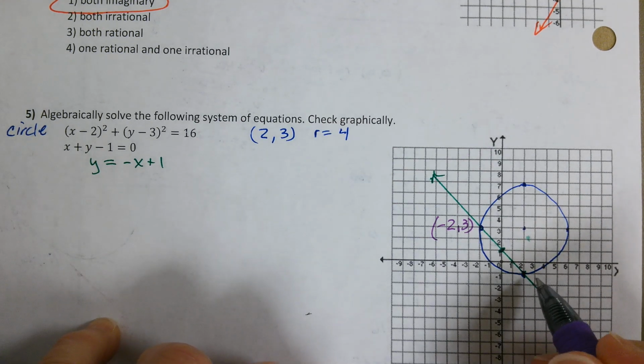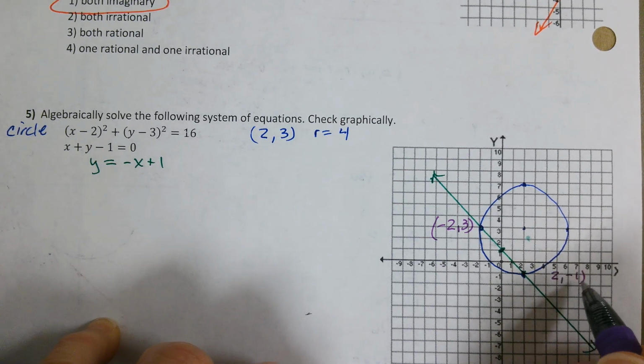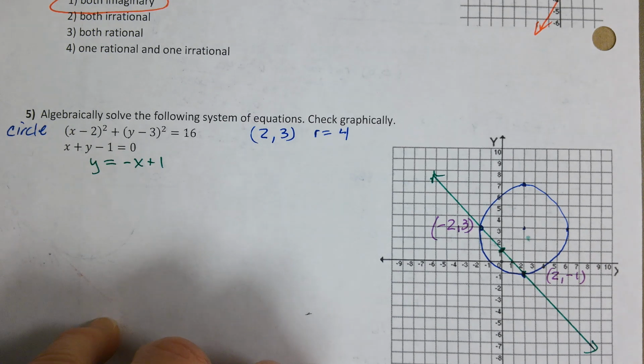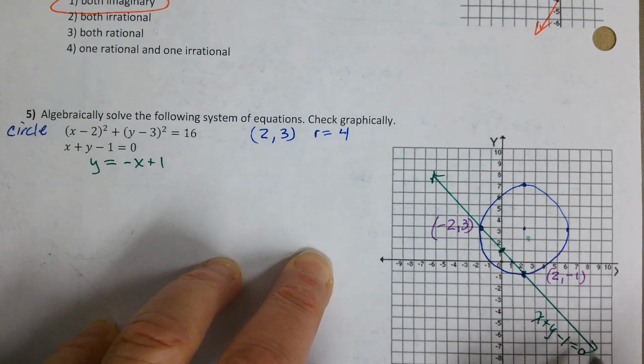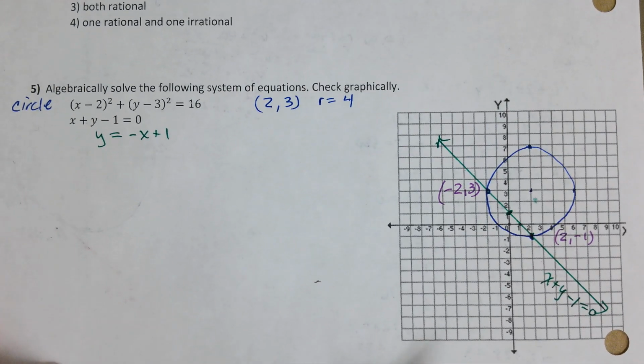And this is 2, -1. Make sure we label our line with its equation.